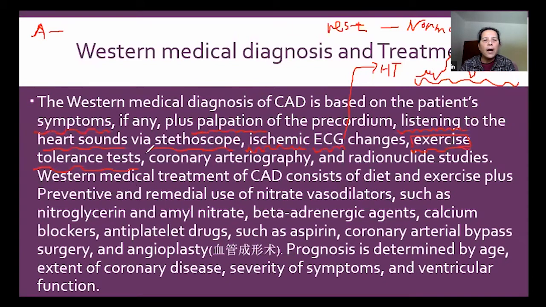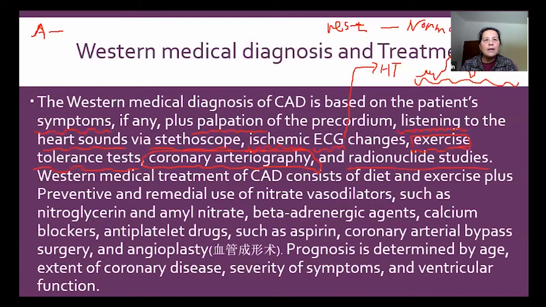And right now we have more ways to find problems, especially for coronary artery disorders. There is a special kind of machine. We have a lot of ways, even checking with nuclear scans, and we can find something.